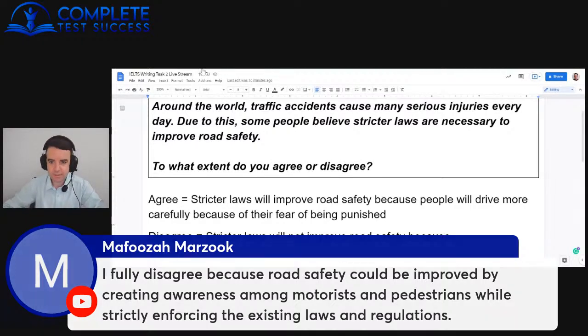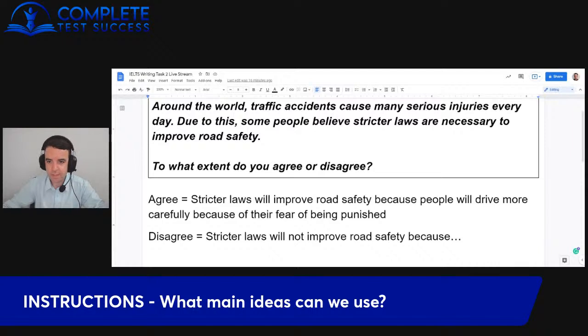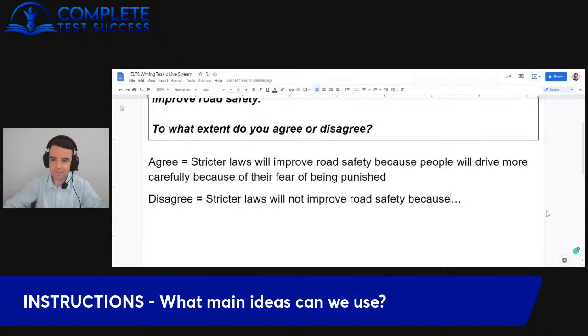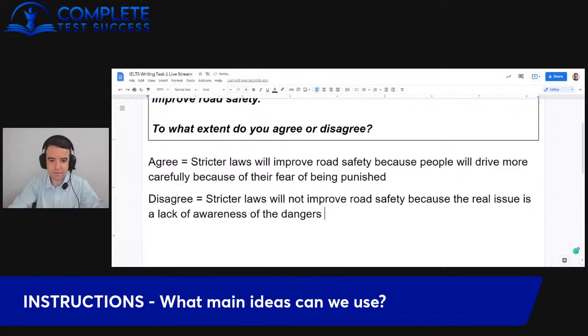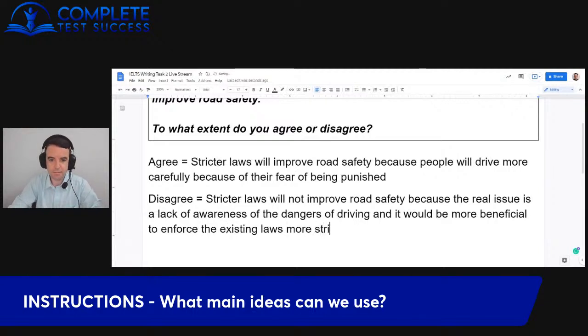So let me just type those in. Stricter laws will not improve road safety because the real issue is a lack of awareness of the dangers of driving, and it would be more beneficial to enforce the current laws, the existing laws, more strictly.